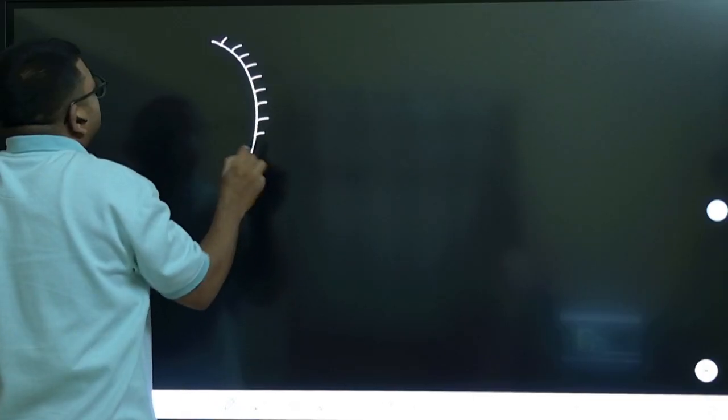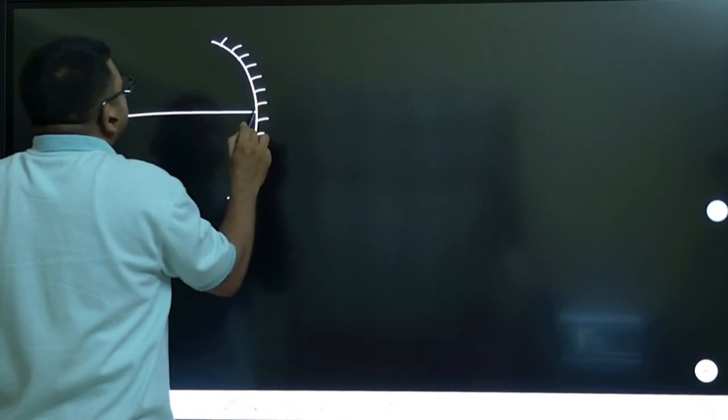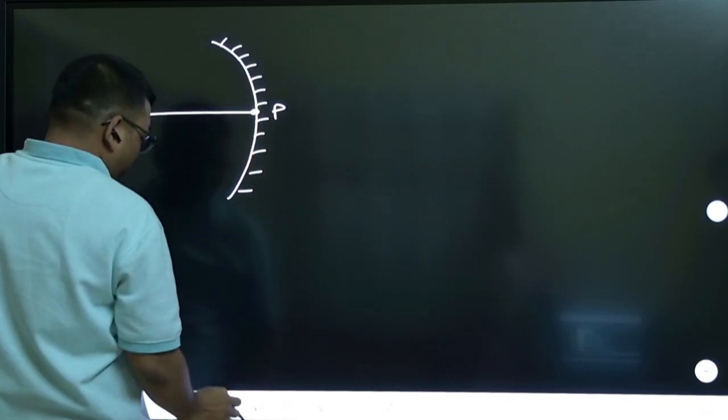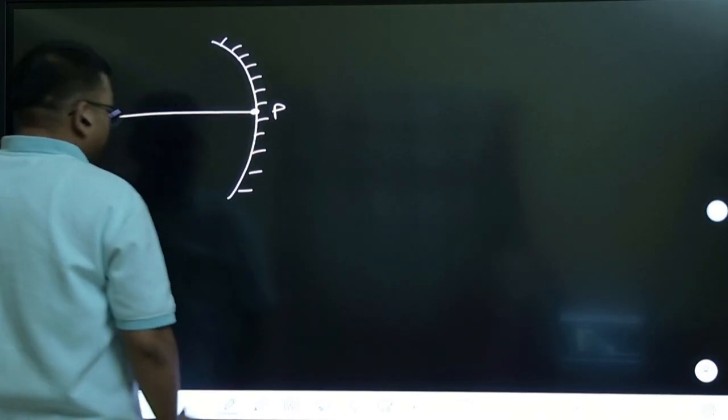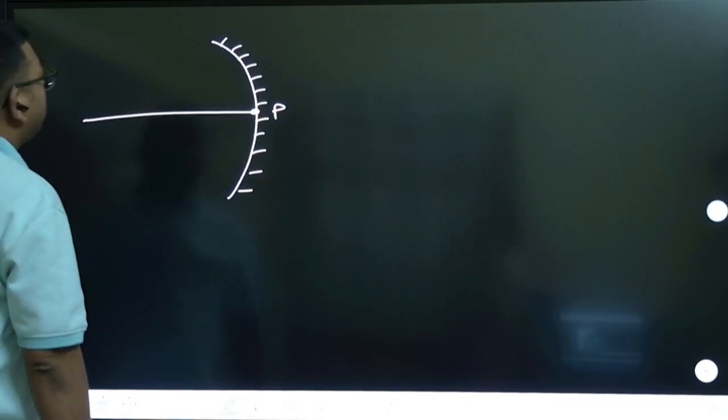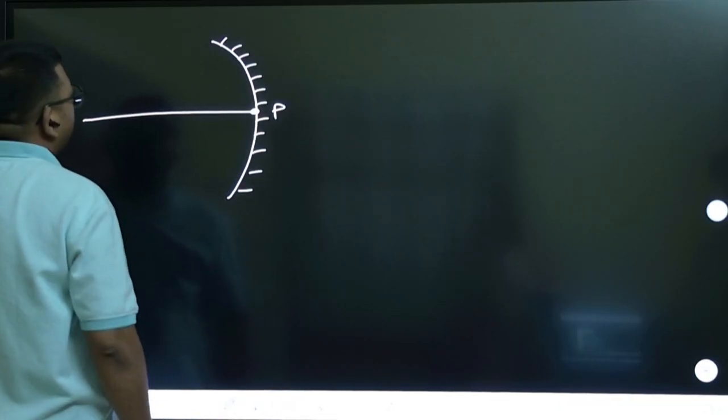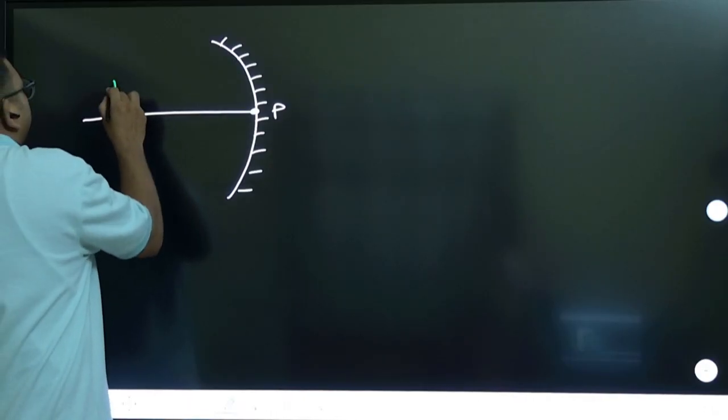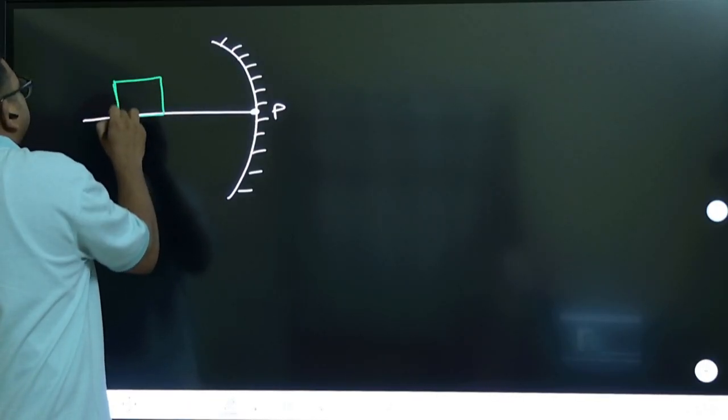So suppose this is a concave mirror, this is the principal axis, this is the pole, and if I take an example, some object is there. Now suppose one rectangle is kept like this.